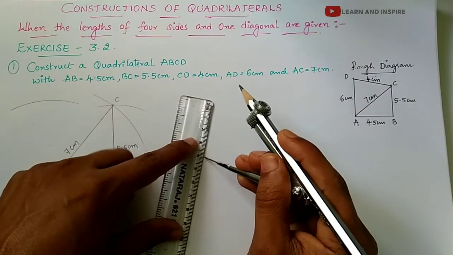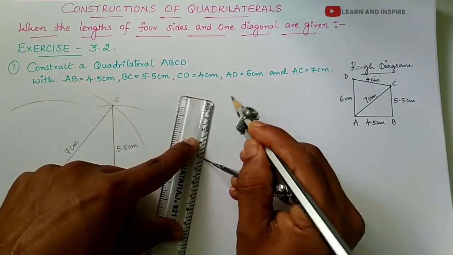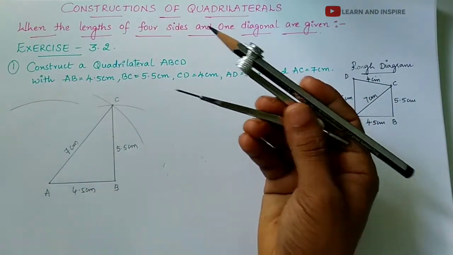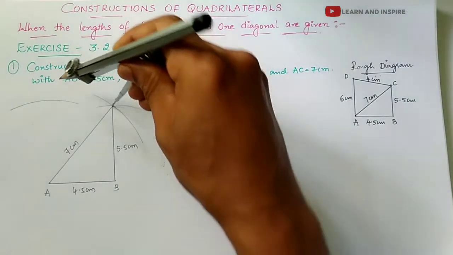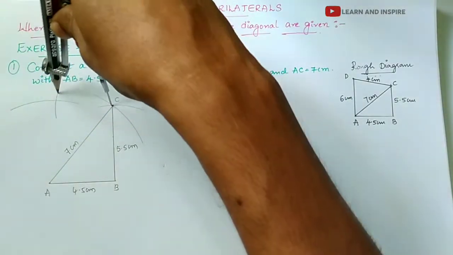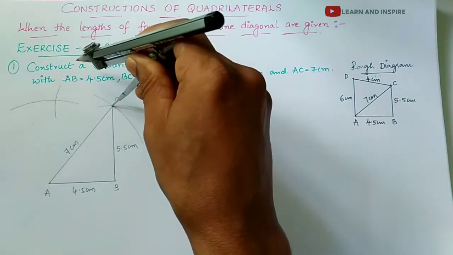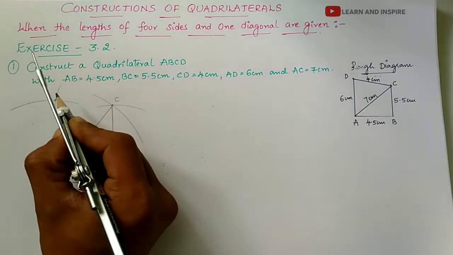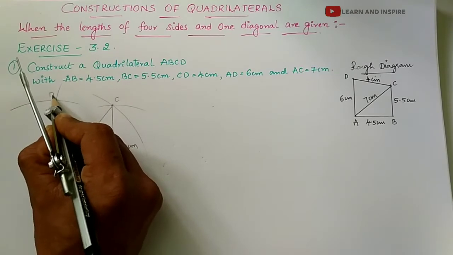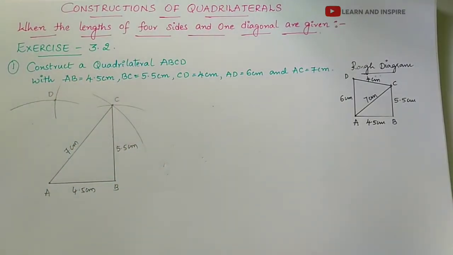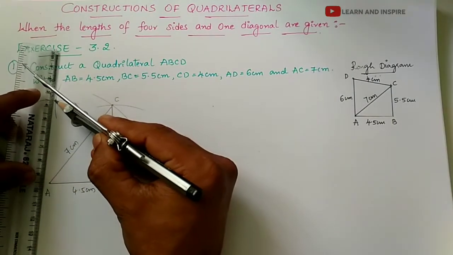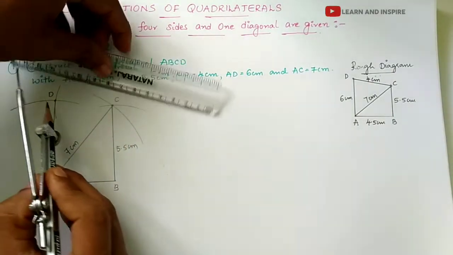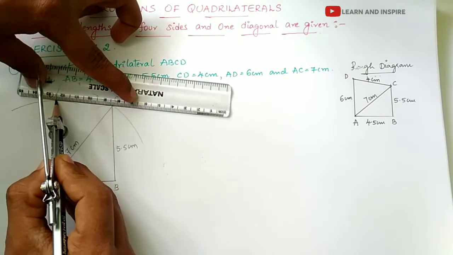So I take 4 centimeters radius. Okay, this is 4 centimeters with C as center of radius 4 centimeters, cut the previous arc and name the intersecting point as D. Okay, now we join AD and CD.